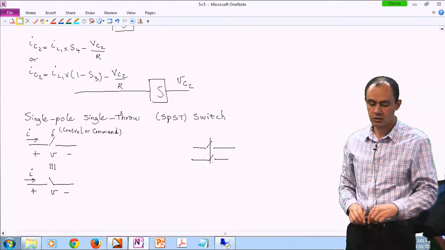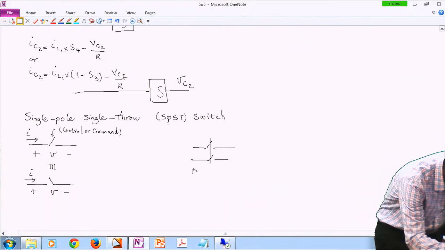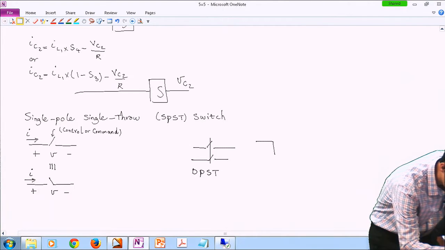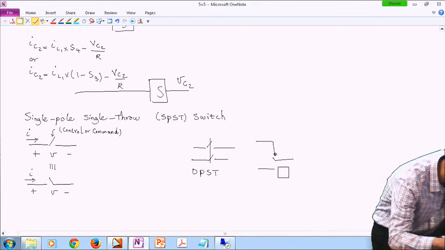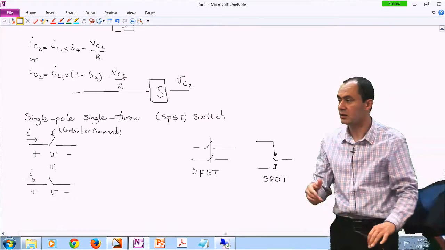This is called a double pole single throw switch. And then the one that we have seen already is a single pole double throw switch. And we are going to get to this later.